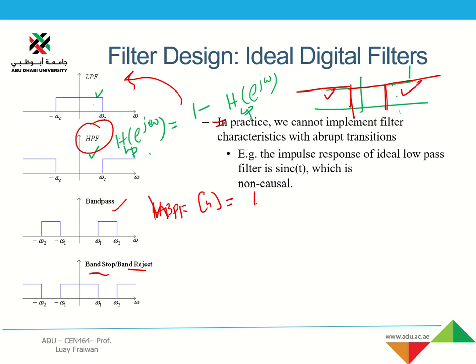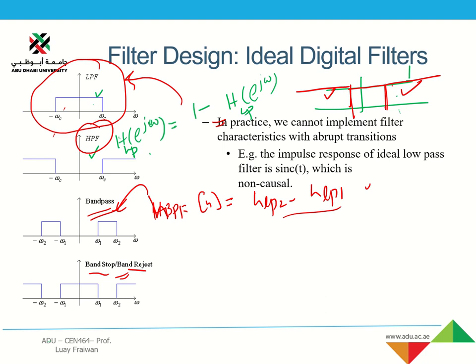If we take two low pass filters with different responses, we can get this band pass filter, and I will explain this in the live session. Similarly, we can get the band stop and band reject, or we can use a combination of low pass and high pass filters to get the other one. So the thing is, if you can design the low pass filter, you can design any other kind of filter. That is the key of this slide.